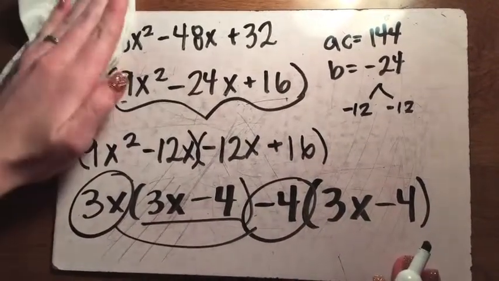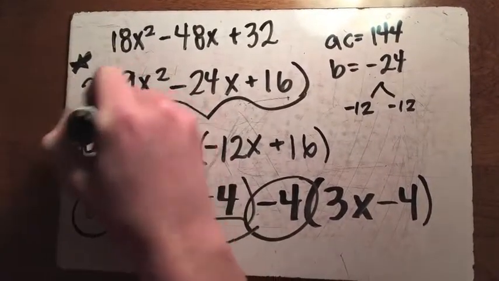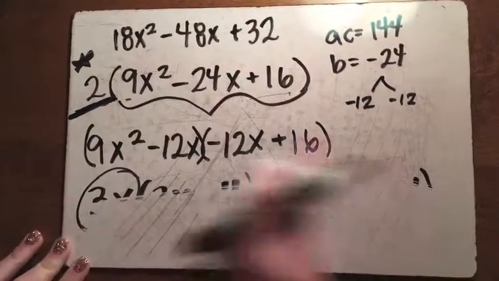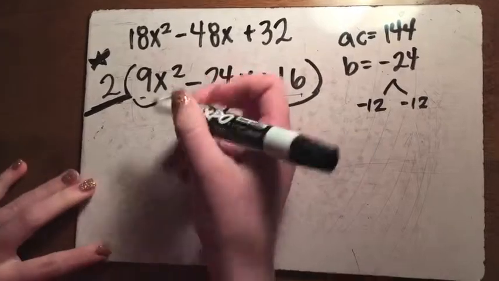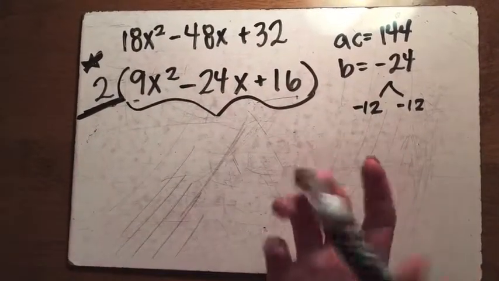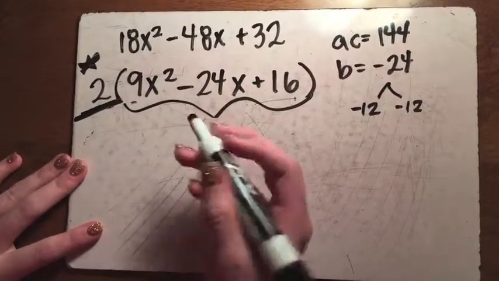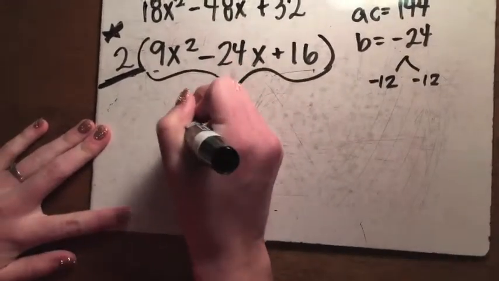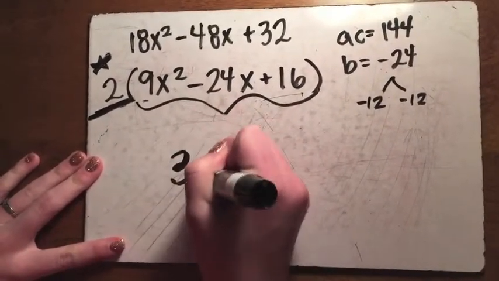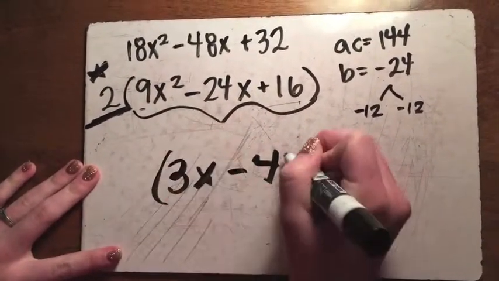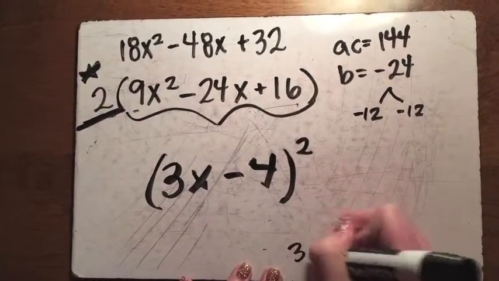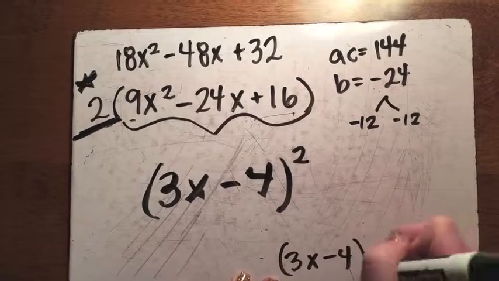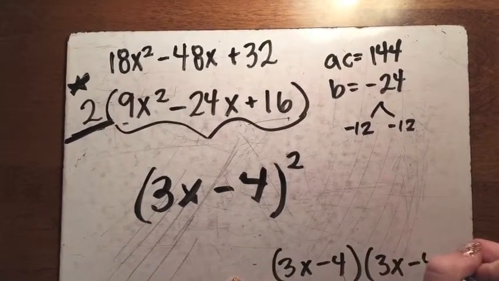Well, it's quite simple actually. Don't forget this GCF. I'm just going to erase this bottom part right here. So we had 3x minus 4 and 3x minus 4. A simpler way to write that, and probably the best way, is 3x minus 4 squared. It's the same thing, 3x minus 4 times 3x minus 4.